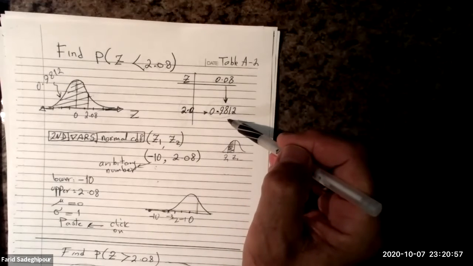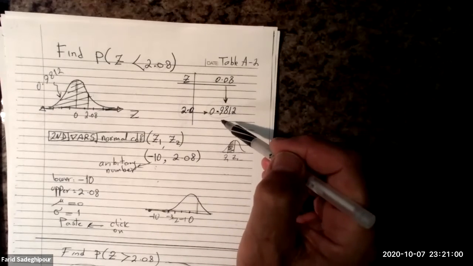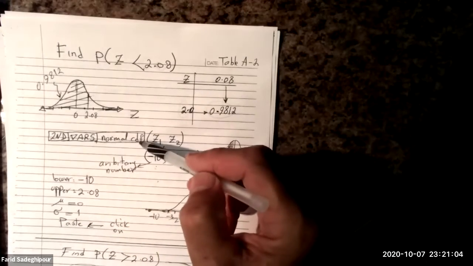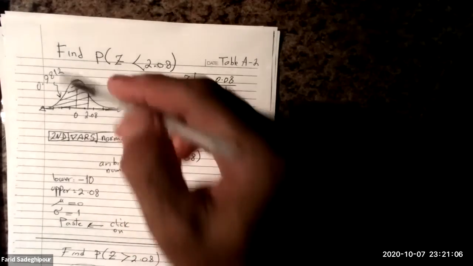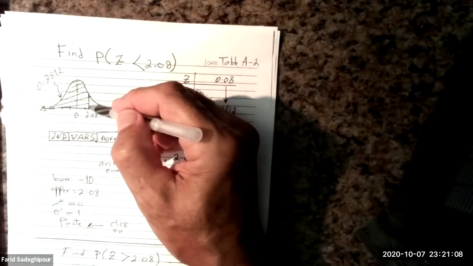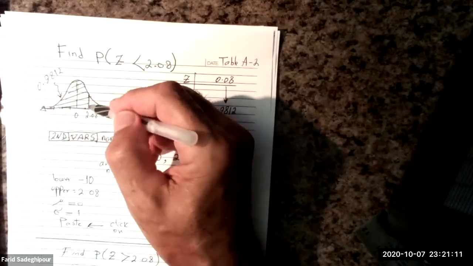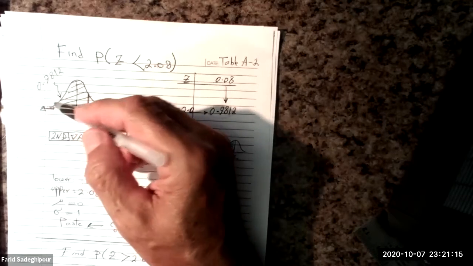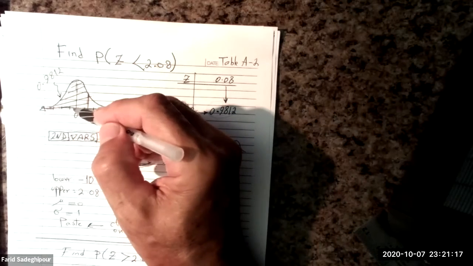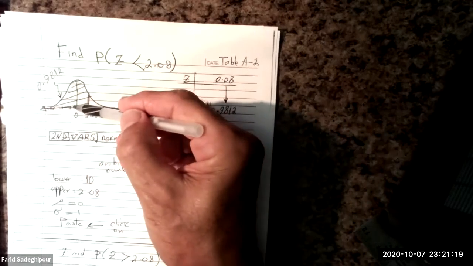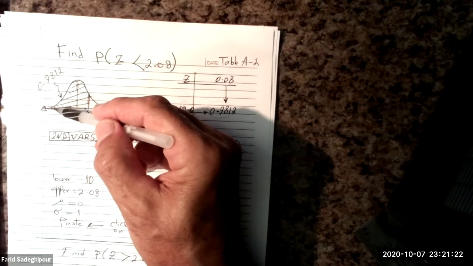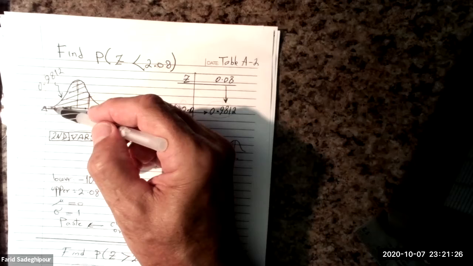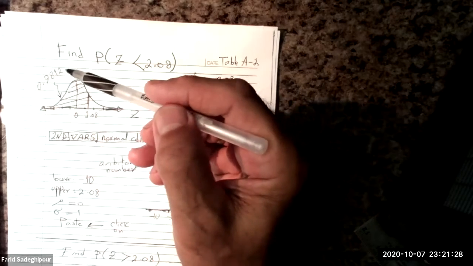Now, I want to use the calculator for that. On the calculator, you could use second VARS, normal CDF. The calculator always requires a boundary, meaning it wants 2 points. You have one side, you have this point, but you don't have the other. Since the numbers here are always -1, -2, and -3, and -3 is almost close to the end of the tail, we use an arbitrary large number like -10.